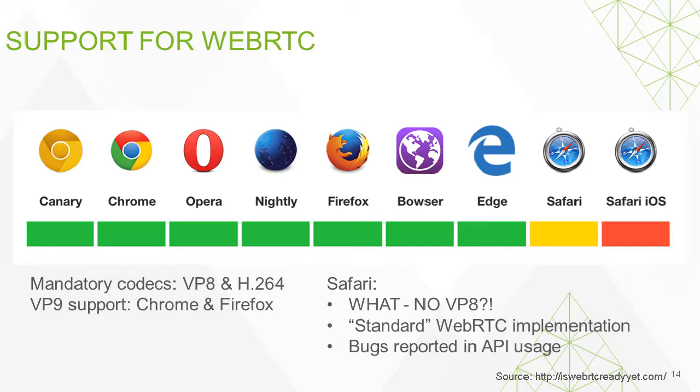Safari does not have, at this time, VP8 support, which is why it's got that not green color. They are working on that, is my understanding. But there are also a bunch of other bugs reported in the Safari implementation of the WebRTC protocol. So if you're able to avoid Safari, for now, that's probably your best bet. Push people towards Chrome or Firefox or some browser that has more complete support.